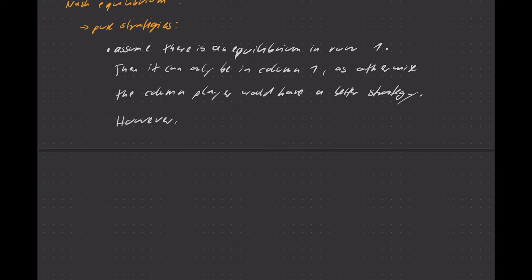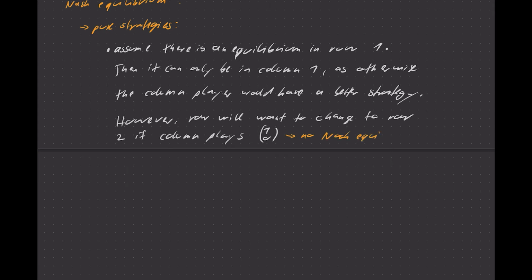However, row will want to change to row 2 if column plays 1, 0. So, no Nash equilibrium. At least not in row 1.